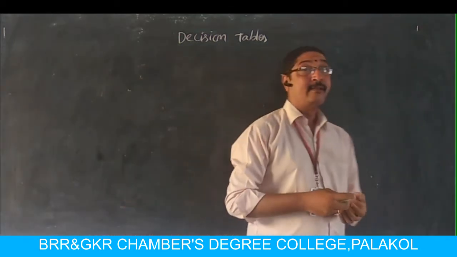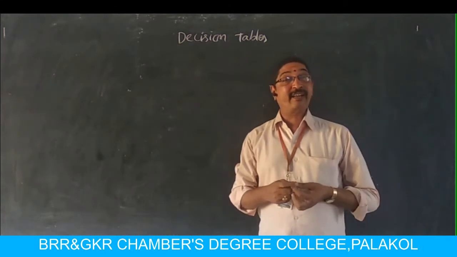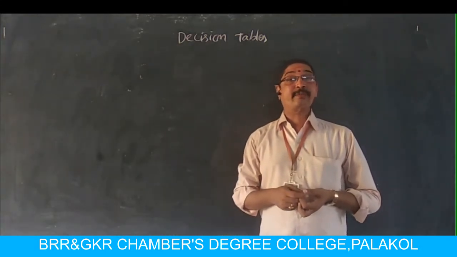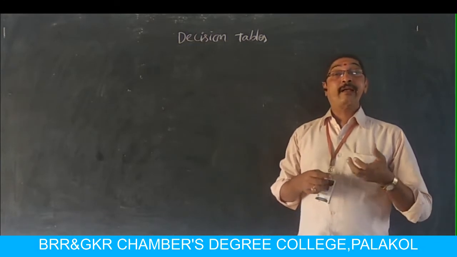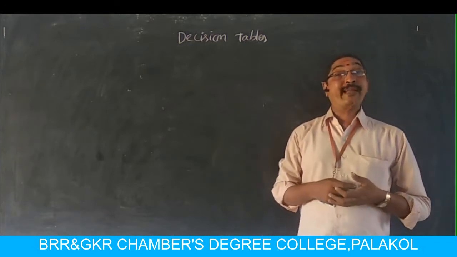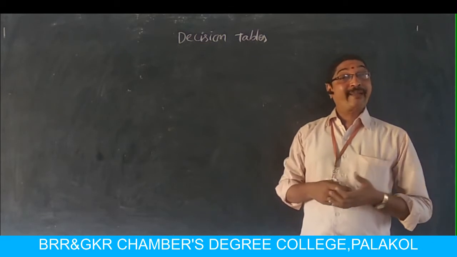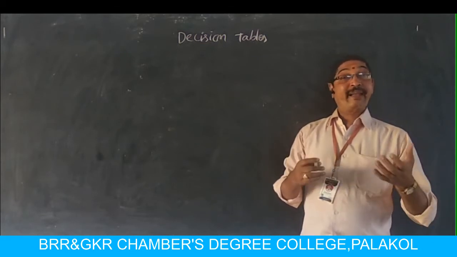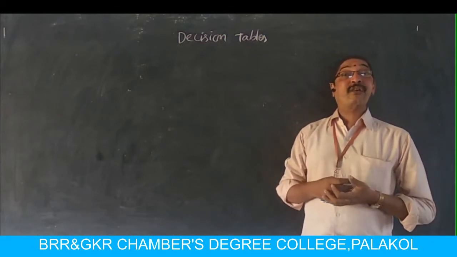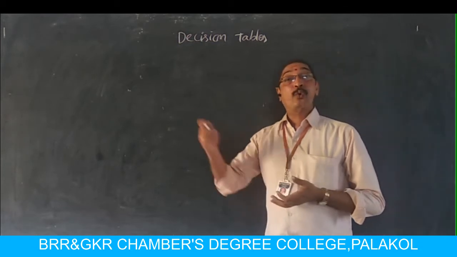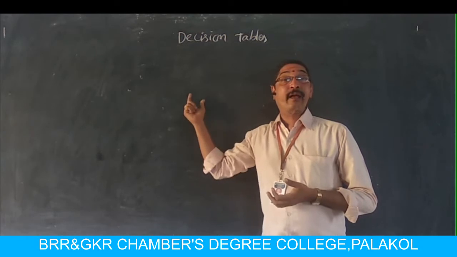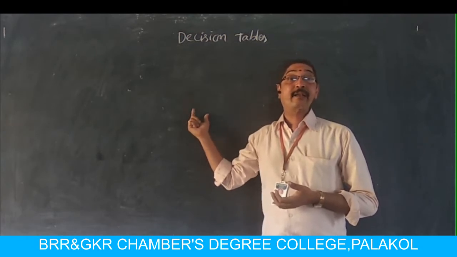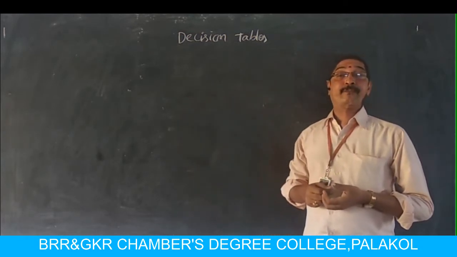So how can we define a decision table in simple terms? A decision table represents conditions and the respective actions to be taken, addressed in a structured tabular format. In a tabular format, we address all the cases and all the actions.